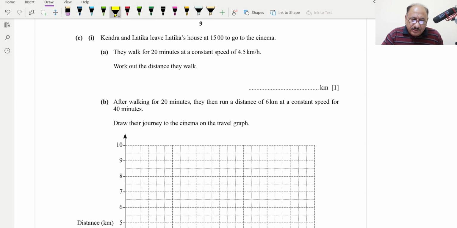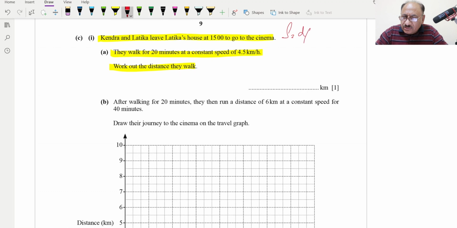This will be part C. Kendra and Latika leave the house at 15 hours to go to the cinema. They walk for 20 minutes at a constant speed of 4.5 km per hour. Work out the distance they walked. We know speed is equal to distance over time, so distance will be equal to speed multiplied by time.